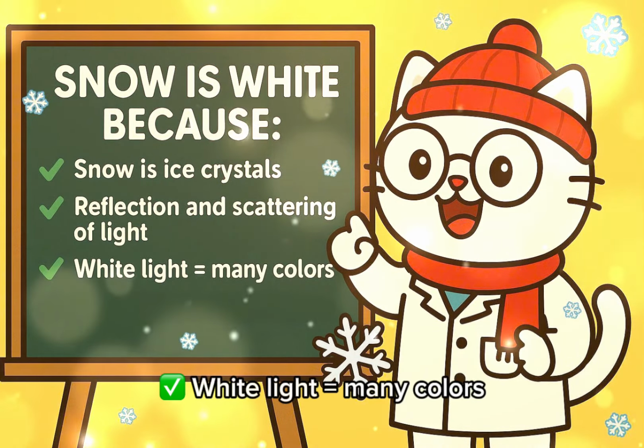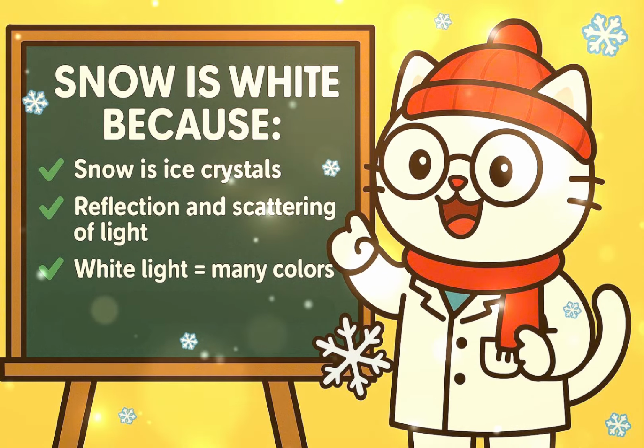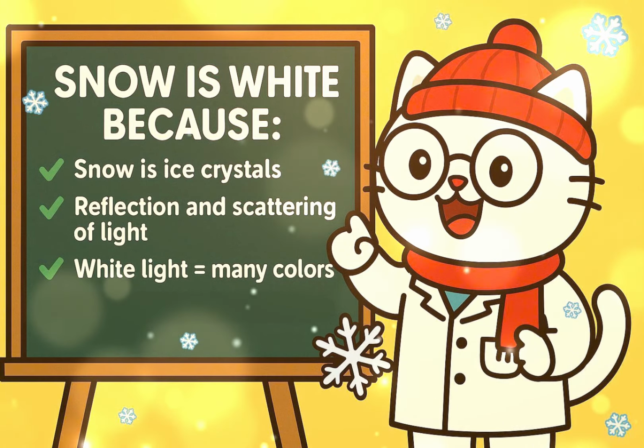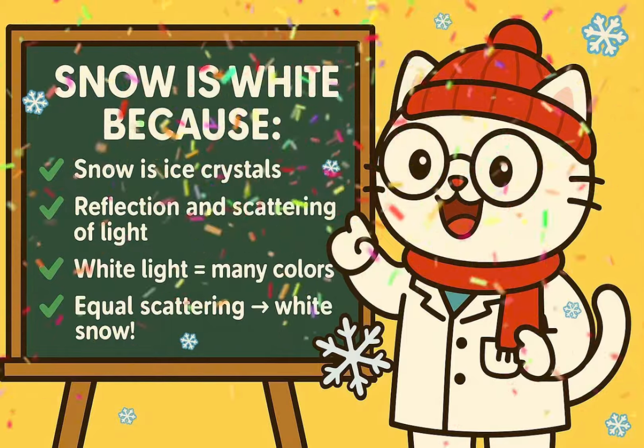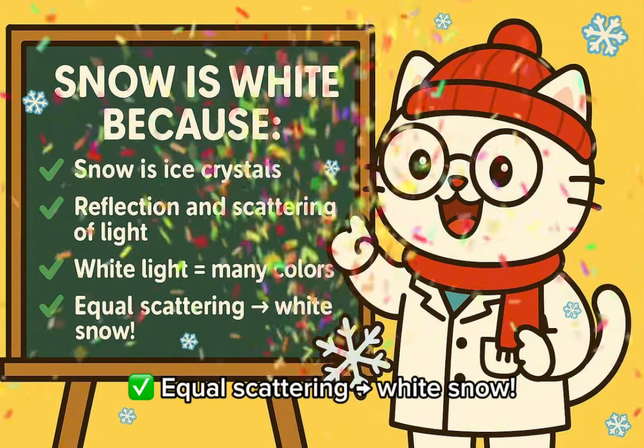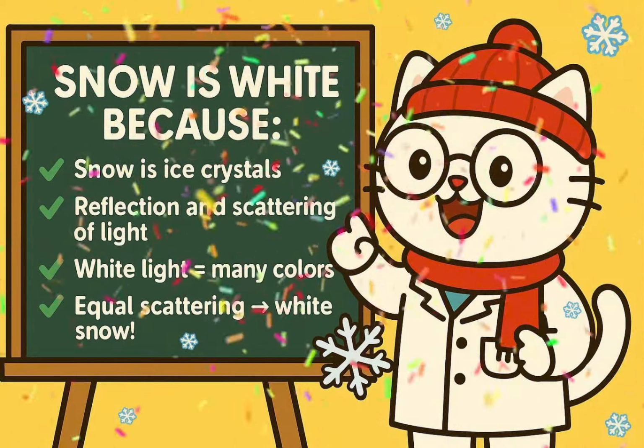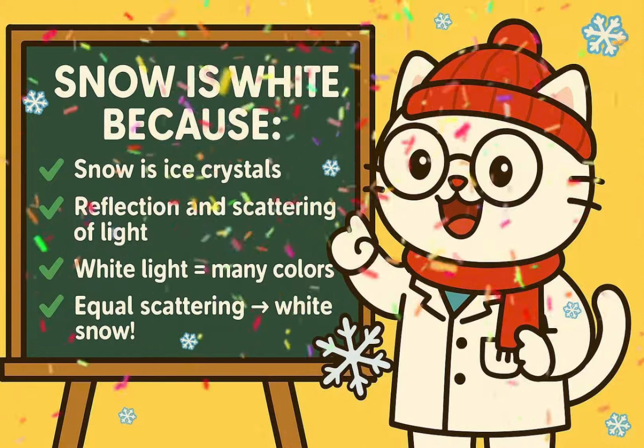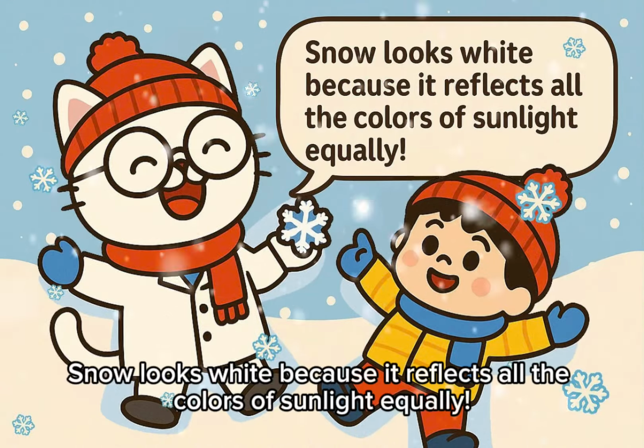White light equals many colors. Equals scattering, white snow. Snow looks white because it reflects all the colors of sunlight equally.